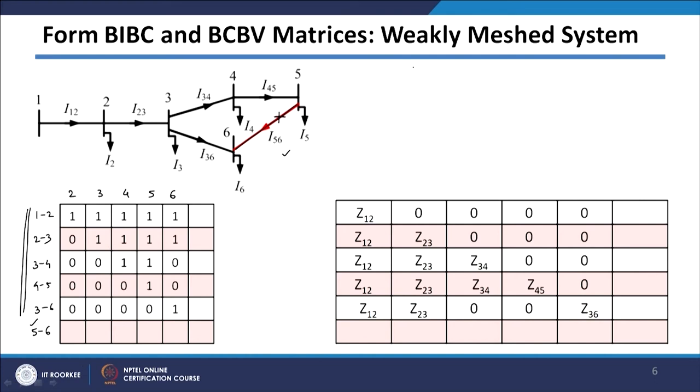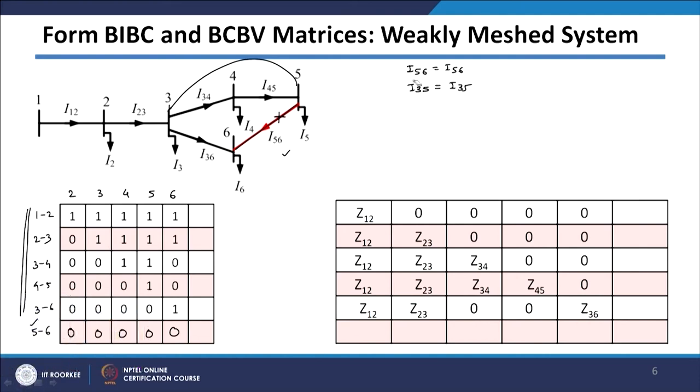When we formed BIBC, I had written I56 is equal to I56. If there are many loops, say one more loop is added between 3 and 5, then one more equation which we will add is I35 is equal to I35. Here all these entries will be 0 only. In the earlier equation there is no term related to I56.